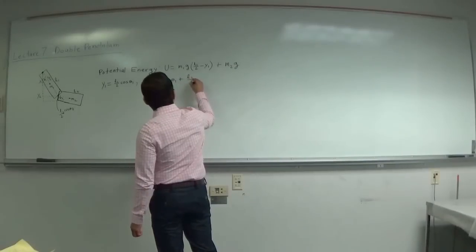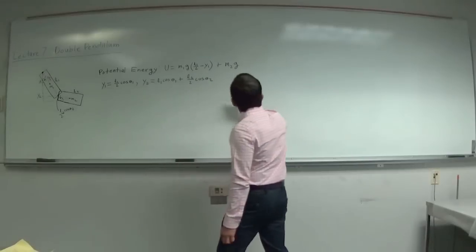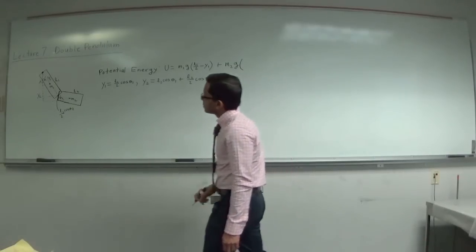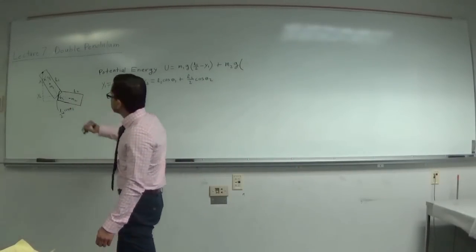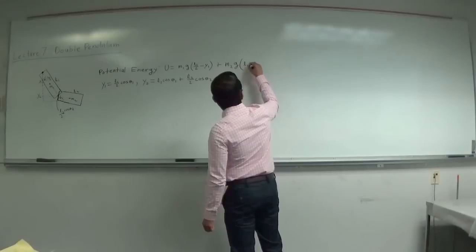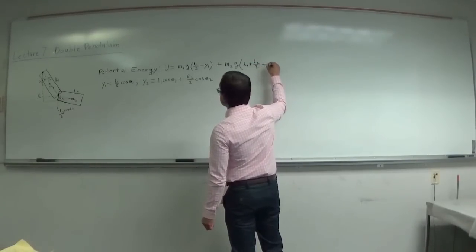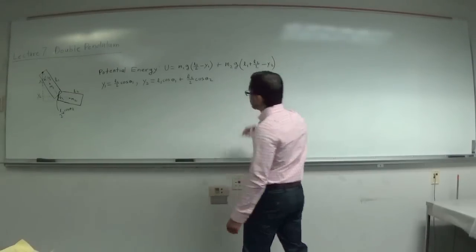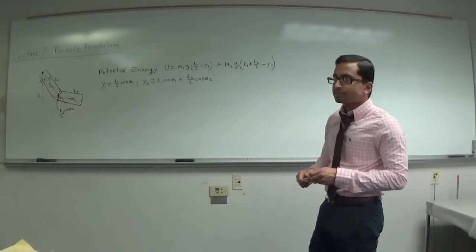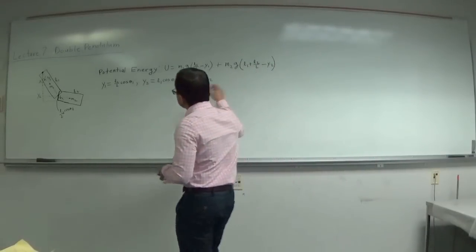Yeah. So then we have L2 over 2 cosine theta 2. Over here, I want to define it from the equilibrium position, so that would be L1 plus L2. So L1 plus L2 over 2 minus y2. So that's how I'm going to choose to define it. So we're going to get this for our potential energy.